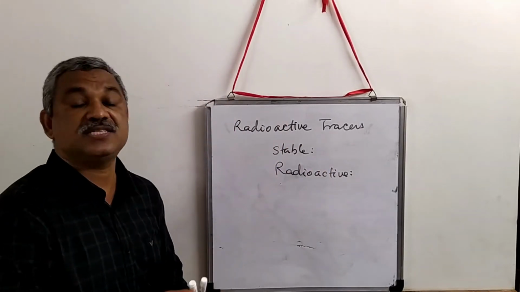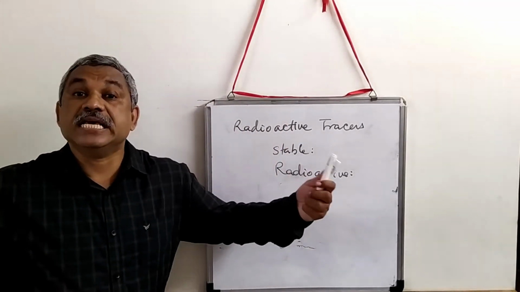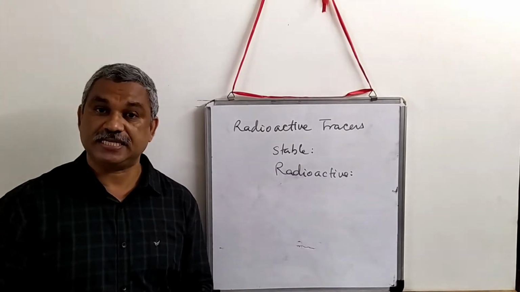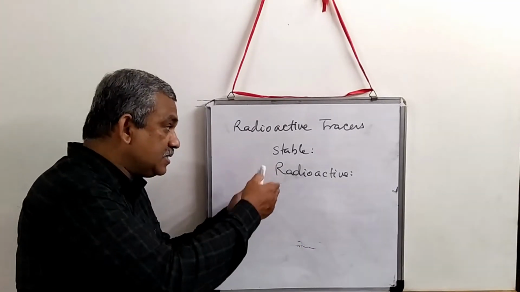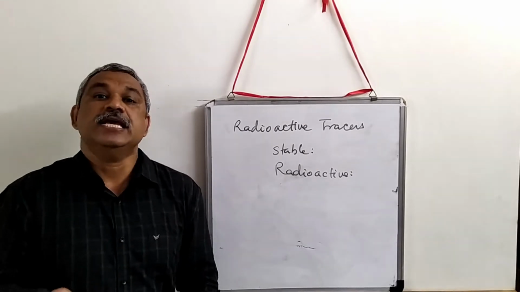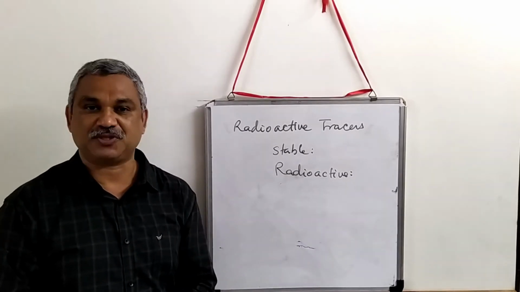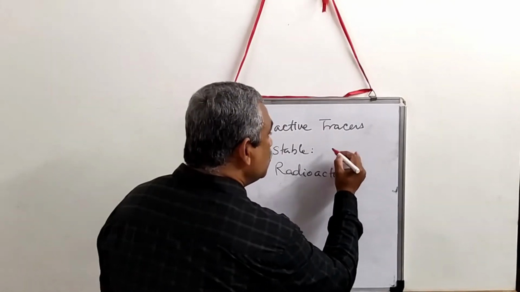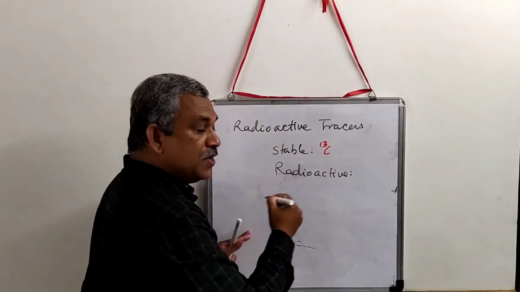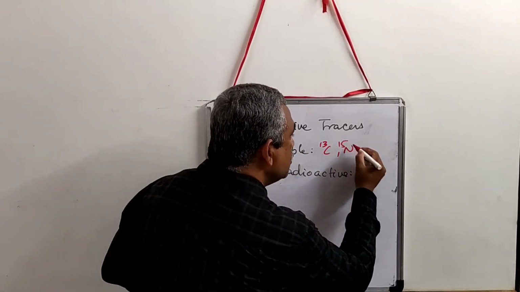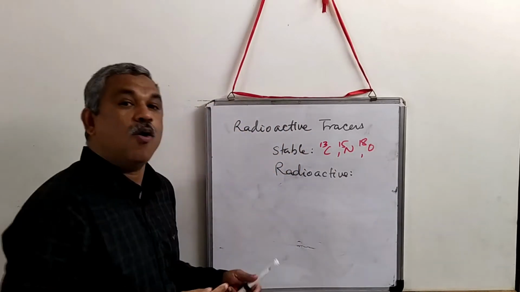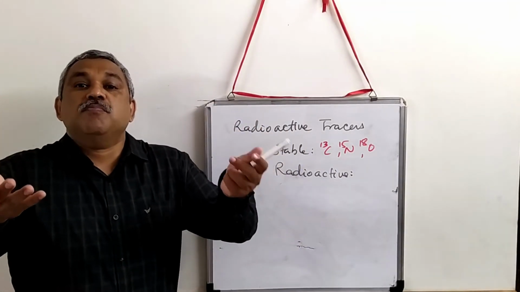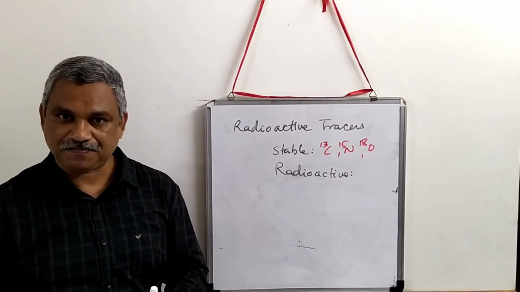The stable ones will increase the molecular weight of a substance wherever they are attached. For example, you have carbon 13, nitrogen 15, and oxygen 18. All of these increase the molecular weight of a substance.